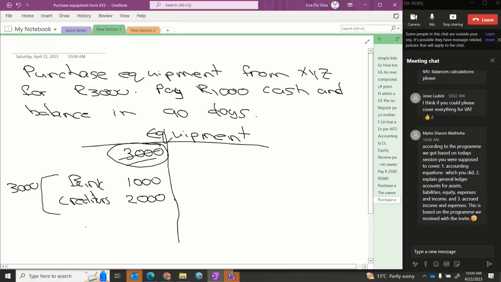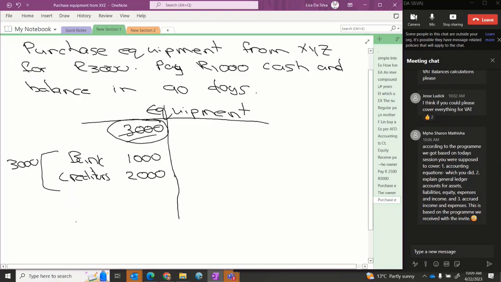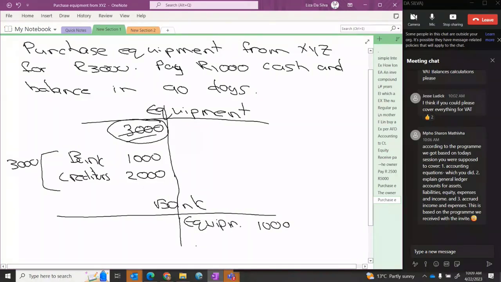You understand that? Equipment, and then you go for your bank account, which is 1,000 there for the equipment, and then another account for creditors. Can you see that? For 2,000 Rand.